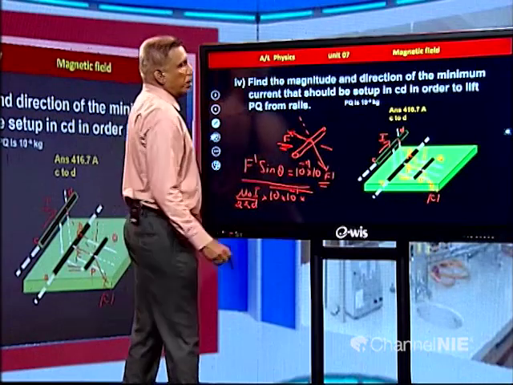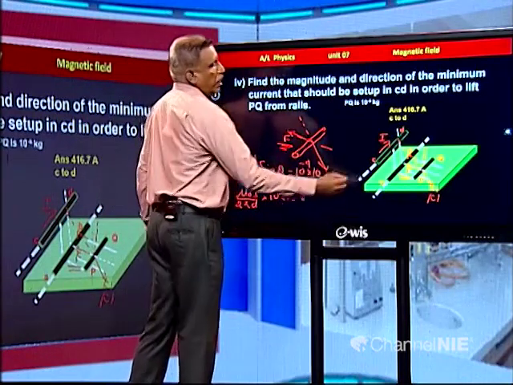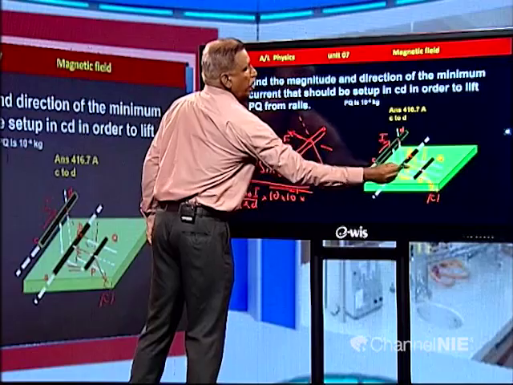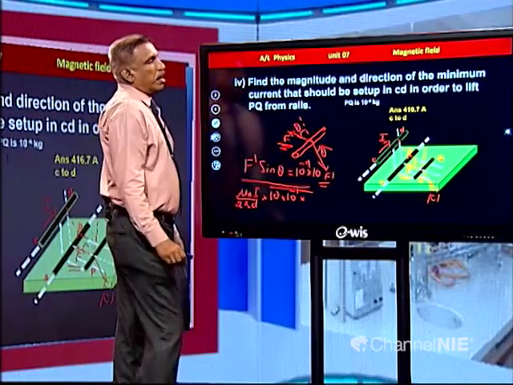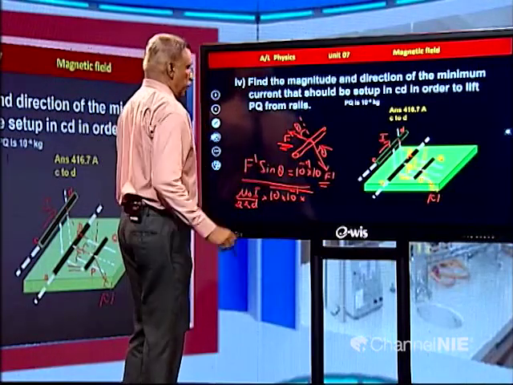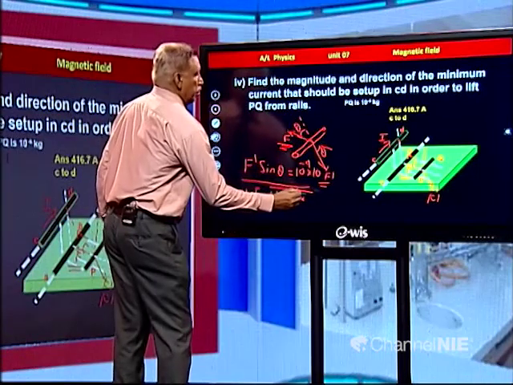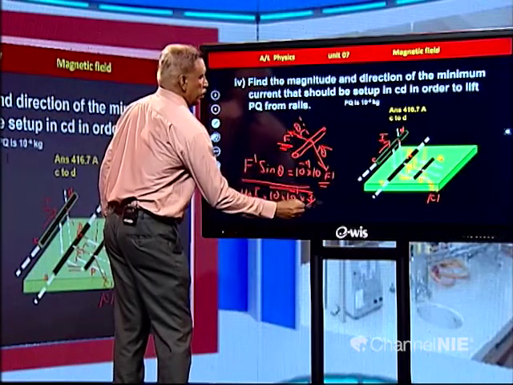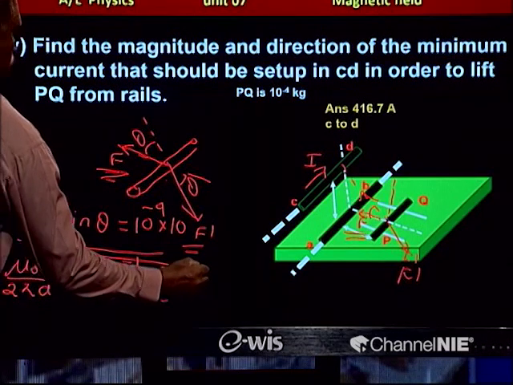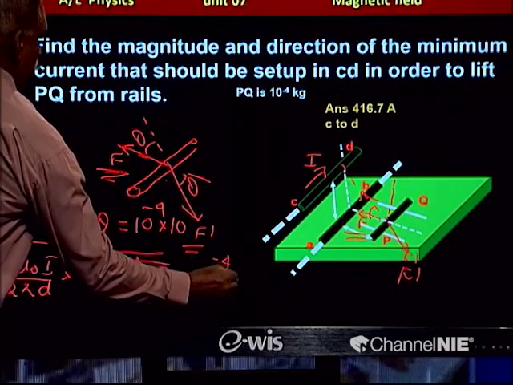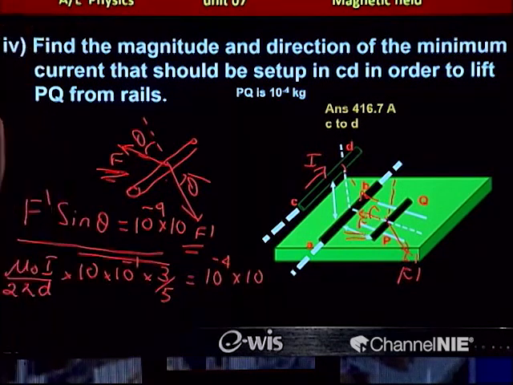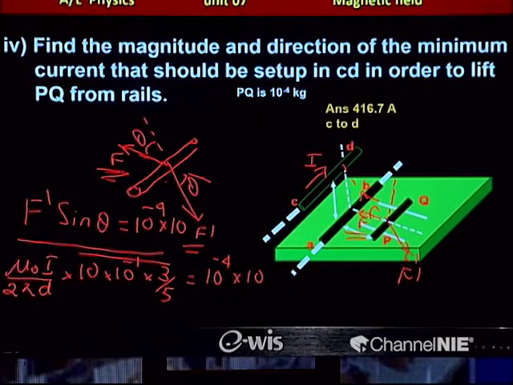Cos theta is here, this one is theta. Therefore, sin theta is equal to 3 over 5. That is equal to 10 to the power minus 4 into 2. Then you can find the value of I.